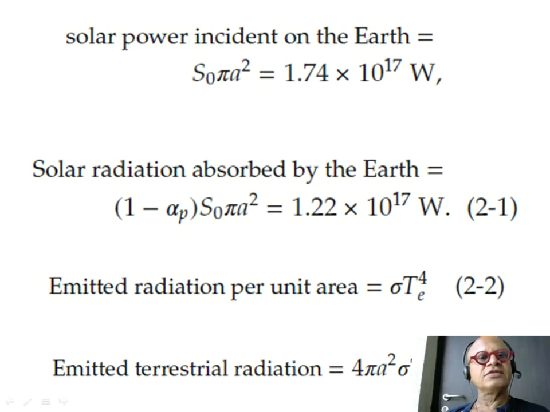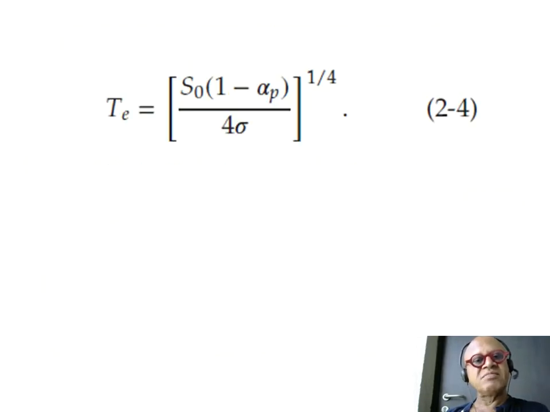And we know what the constant sigma is. So the emitted terrestrial radiation for the entire Earth comes from every point on Earth's surface, which means you have to multiply by the area of the sphere, which is 4 pi a squared. So each unit area is emitting sigma T to the fourth, and all of Earth is emitting 4 pi a squared sigma T to the fourth.